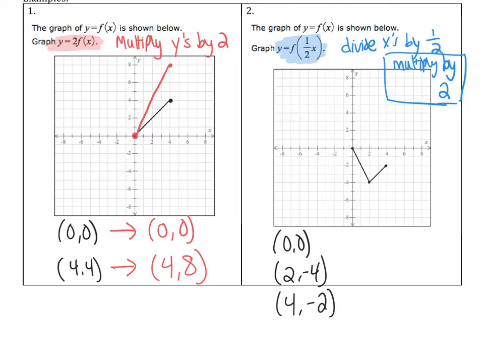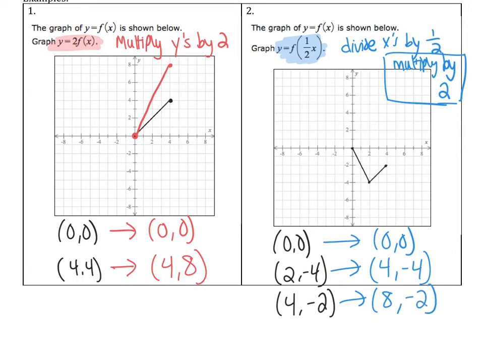So I'm going to multiply all the x coordinates by 2 based on this example. The first one just remains at 0, 0, because 0 times 2 is 0. The second one, 2 times 2 is 4, so it becomes 4, negative 4. And then this last one, 4 times 2 is 8, so it becomes 8, negative 2.